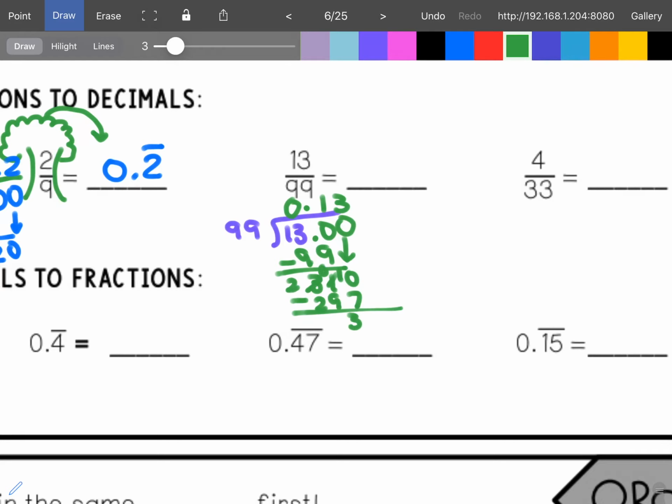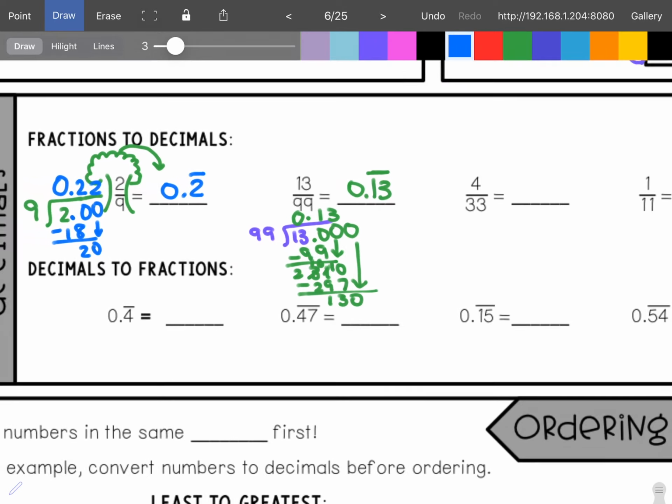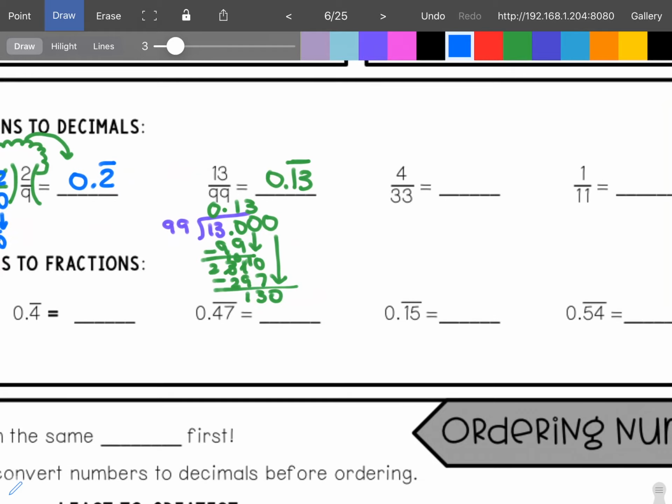Let's see, we got to borrow again, so we end up with 13. Okay, so we add another 0, bring it down, and again we're going into 130. So that's kind of like where we started, where we're going to end up having another 1 and then a 3. So it's going to just keep repeating 1 3 1 3. So since the 1 and the 3 are both repeating, we're going to put the line over both of those.